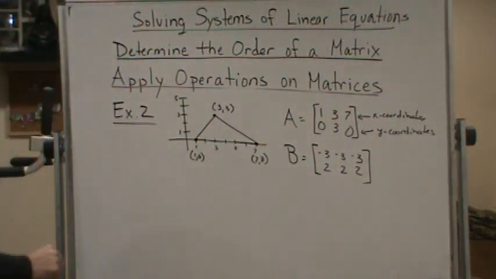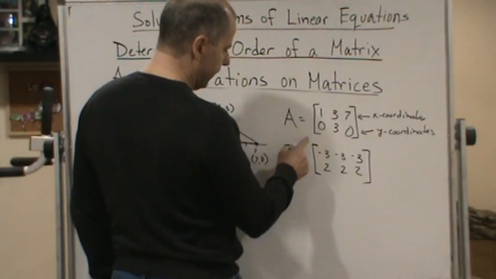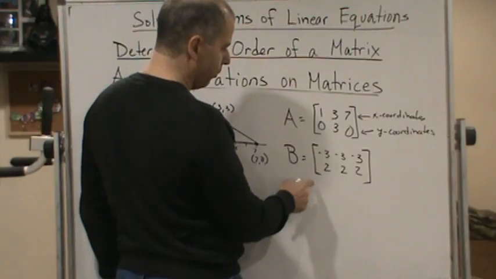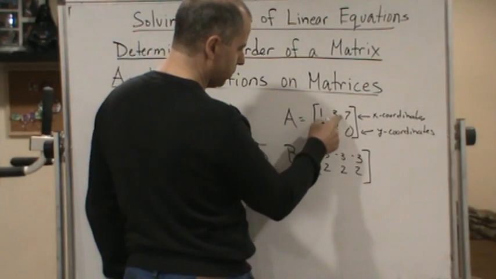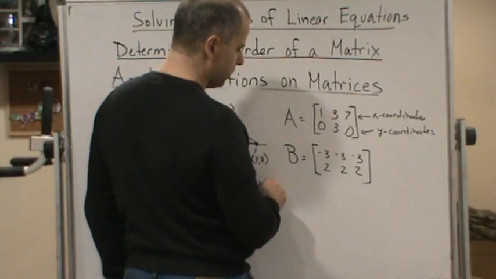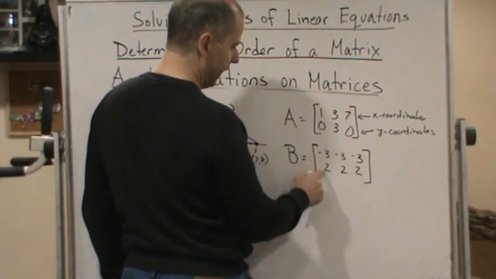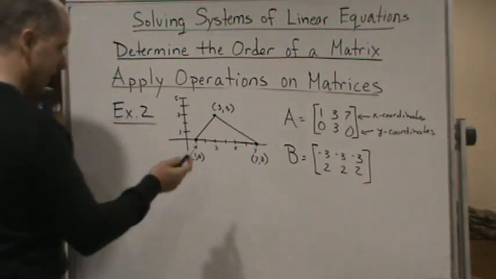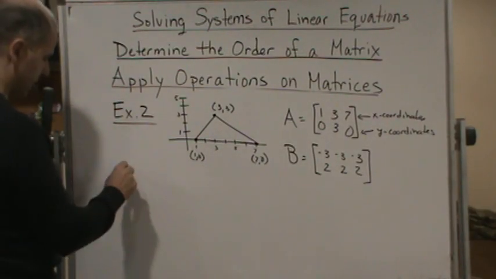Right? Because when we're adding, we're adding component-wise. So for each one of these, we're going to have to subtract 3. And for each one of these, which are the y coordinates, we're going to add 2. And so that's as simple as it gets.